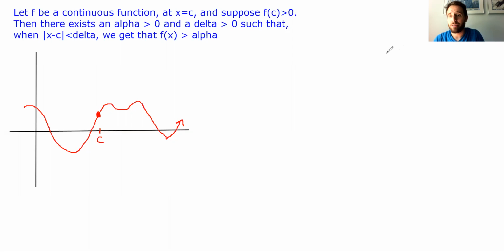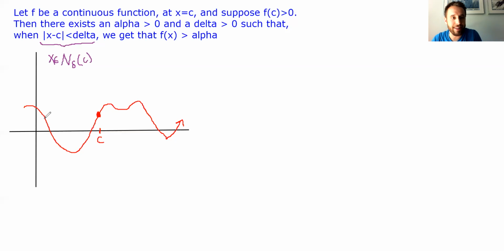So the question becomes, show that there exist an alpha and a delta such that when |x minus c| is less than delta, aka when x is an element of the delta neighborhood around c, we get that f of x is greater than alpha.